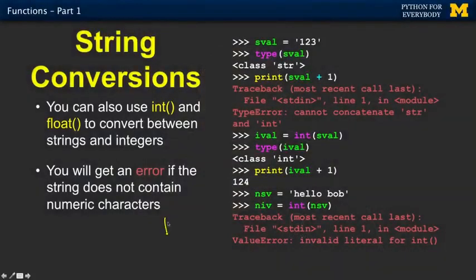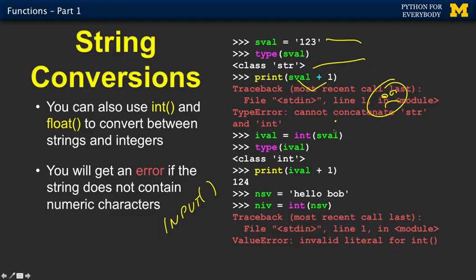String conversions as well. We have been using int and float to do things like read things in, because input is a function, but it always gives us back a string. We might want to use this as a number. So the string 123 is not the same as the number 123. That is a string, and if we do something crazy like add 1 to it, boom, we get a traceback, because we can't concatenate a string and an integer, just because they're the wrong type.